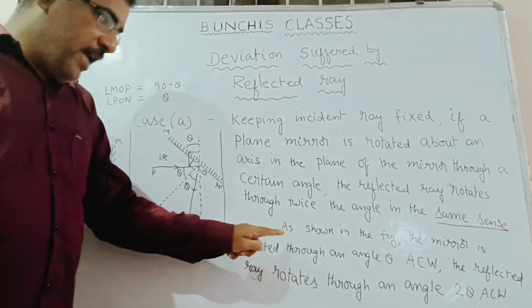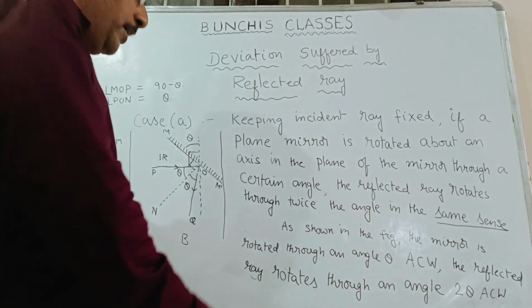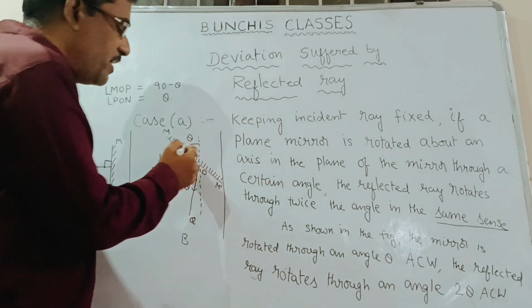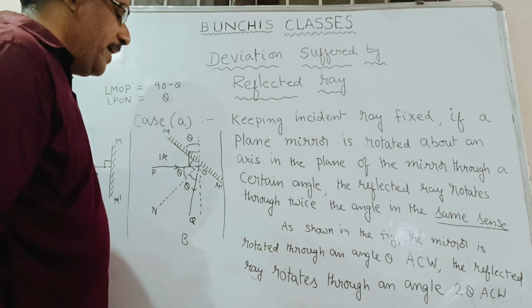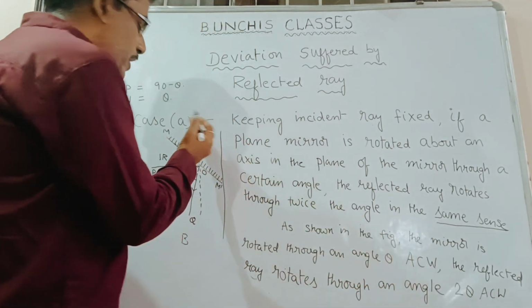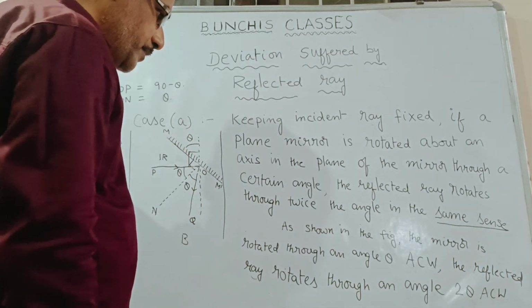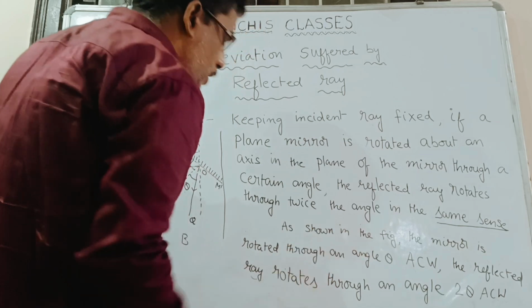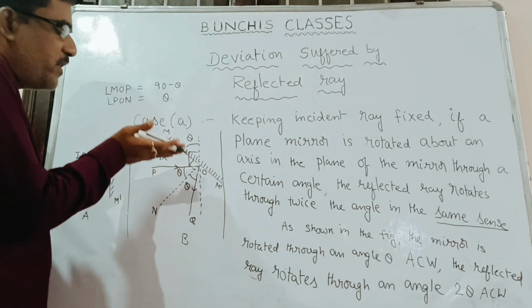So as shown in the figure, the mirror is rotated through an angle theta in anti-clockwise direction. So the reflected ray rotates through an angle 2 theta in anti-clockwise direction.